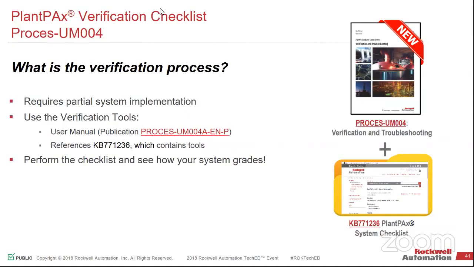Some of this data is kind of hard to do on the front end, so you have to really use this on the back end after you've got the system up and running. But it's a good way to verify that the system actually meets all the characterization that we've got. Like I said, there's a multi-page Excel spreadsheet that covers the controllers, the PAS, the HMI side, servers, virtualization, all of those different pieces.